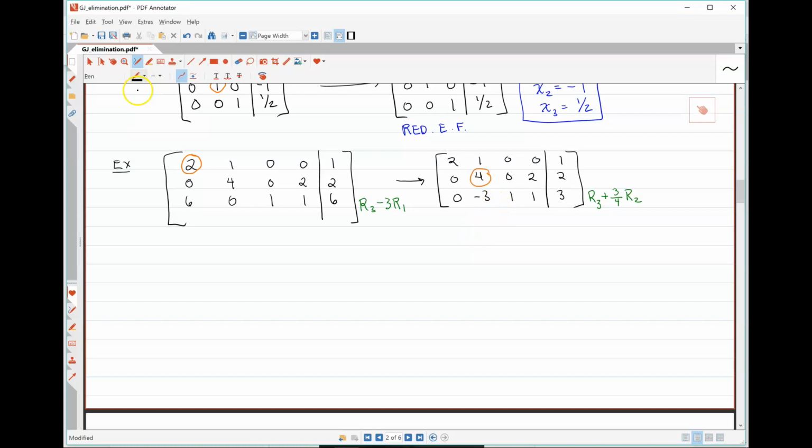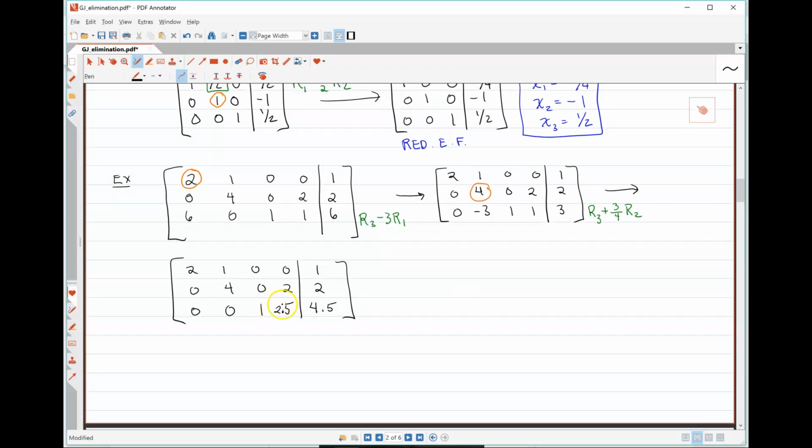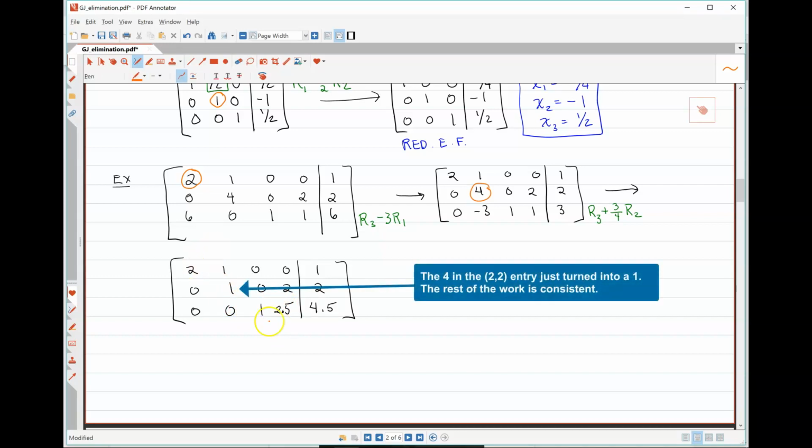And after we perform this elementary row operation, we'll get this matrix. All right, now we have finished the forward elimination phase of this process. We can see that because there are no rows below this to look for another pivot.